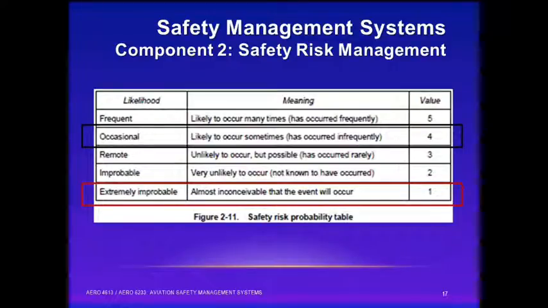If it continues to snow and stay a little bit slippery, that's a different aspect, and we'll address that in a little bit. But let's say we plowed the runway, we removed the snow from the runway, therefore the likelihood of an aircraft landing and excursioning or getting off of the runway or slipping off the runway is extremely improbable.